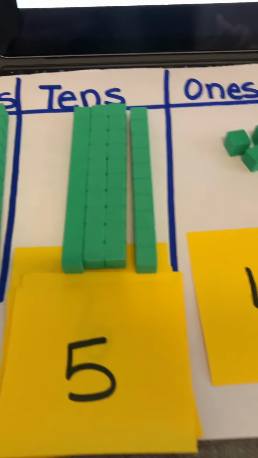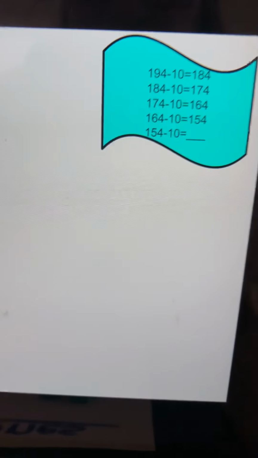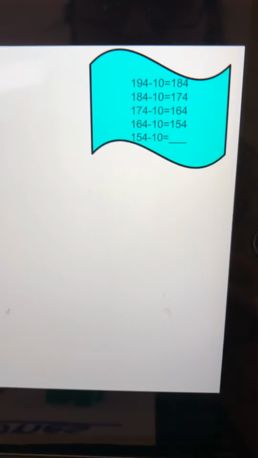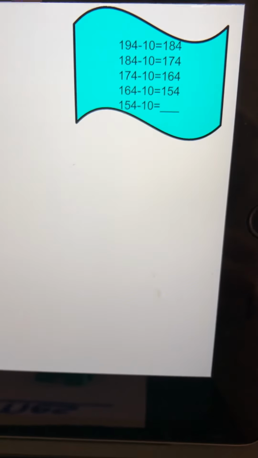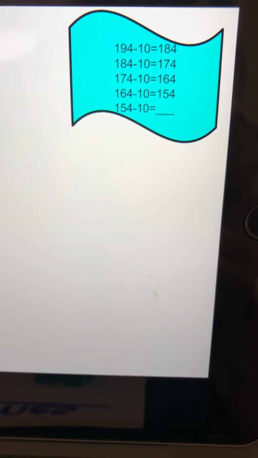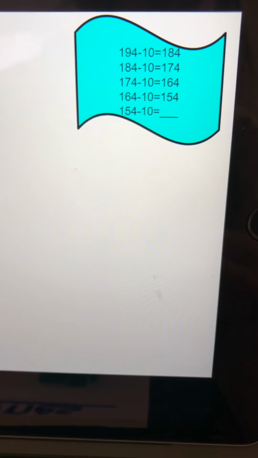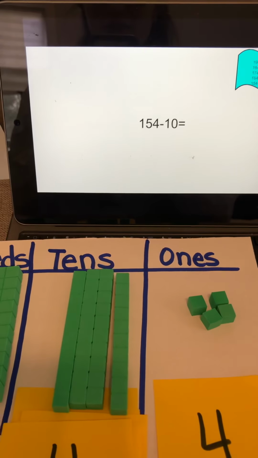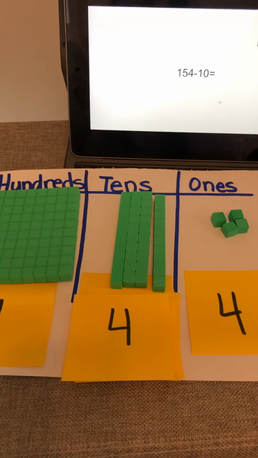That's right, 4 tens. Would that fit the pattern? What would come after 5 if I'm looking at tens place value? If I'm going down by 1, if I take 1 from 5, it would be 4. Good. So 154 minus 10 equals 144.